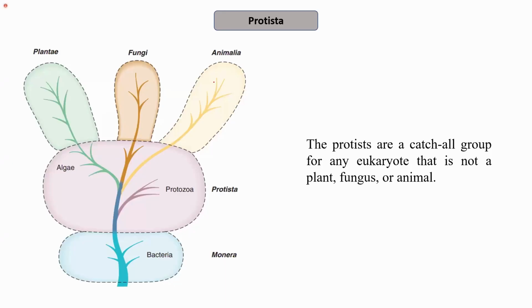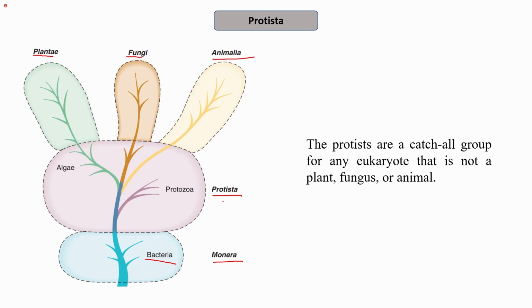So we know that in the biological classification, the classification system that was given by R.H. Whittaker, all the organisms were divided based on various characteristics. The first kingdom that was defined was the kingdom Monera, that includes the bacteria, archaebacteria or the other prokaryotic cells, while the eukaryotic cells were kept into separate kingdoms, out of which the first kingdom is the kingdom Protista, and the other remaining three kingdoms were kingdom Plantae, Fungi and Animalia.